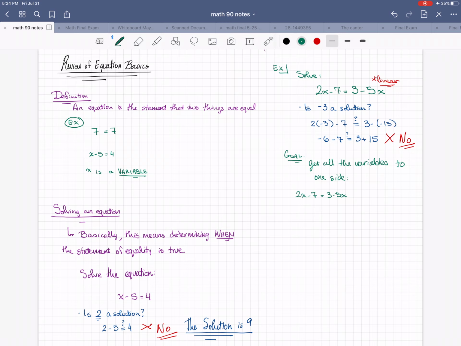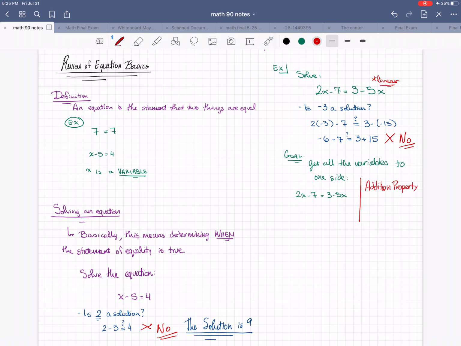I will write it out after I say it, but one such property, and I think you'll all agree that it makes sense, is that if you know that two things are equal to each other, and you add the same thing to both sides, then the resulting two quantities are still going to be equal to each other. So that's called the addition property of equality. I'll just call it the addition property.